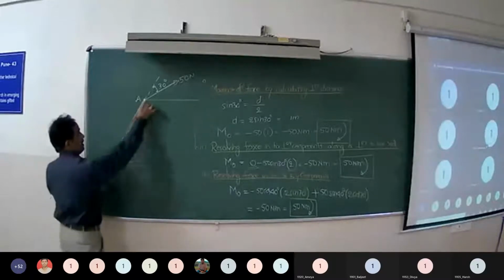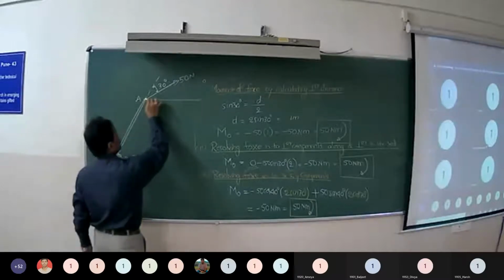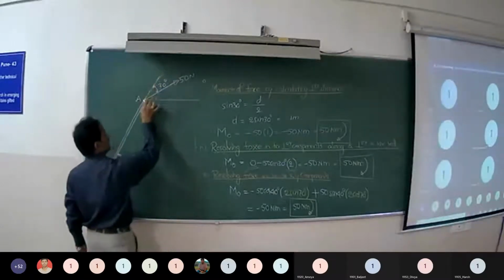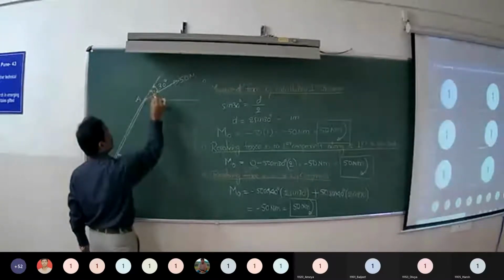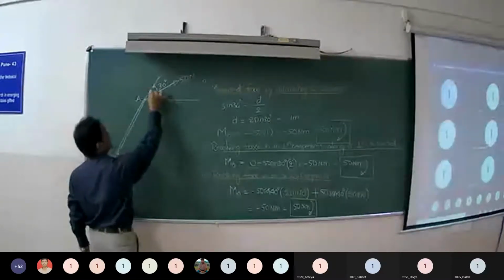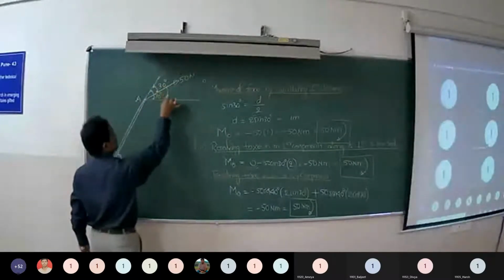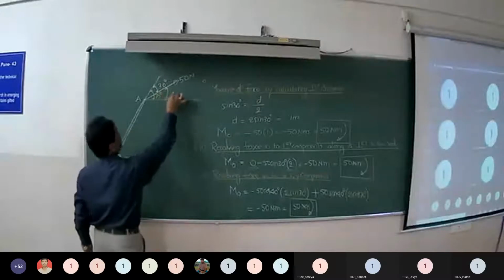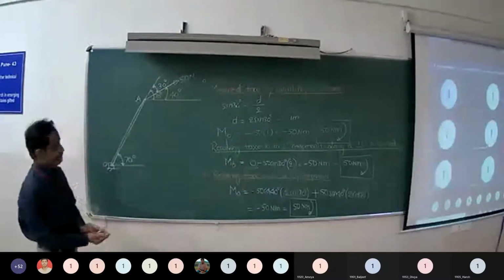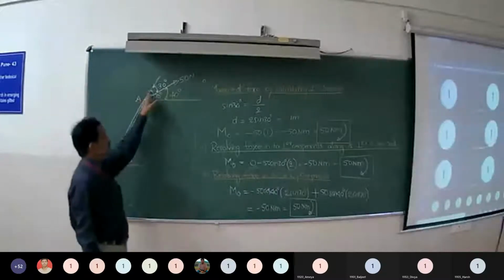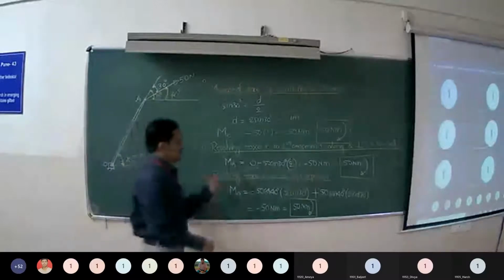See, the direction of OA with horizontal is 70. So the direction of this line is nothing but OA with horizontal. So this total angle is 70 minus 30 gives you the angle made by 50 with respect to horizontal. That is 40. Right? This total 70 minus 30, that is the 40.